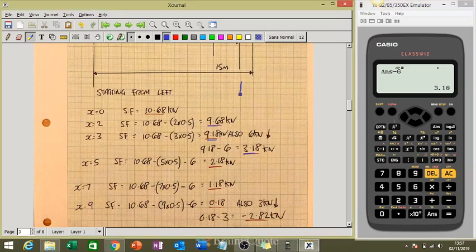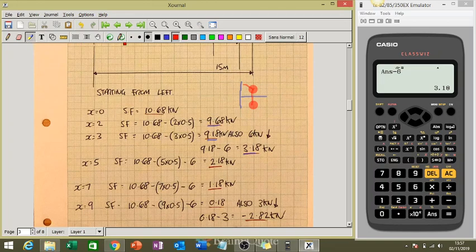So on my graph, with the UDL, we have a sloping line, and then the point load kicks in straight down. That's why we've got 2 points. We've got that point, and that point.